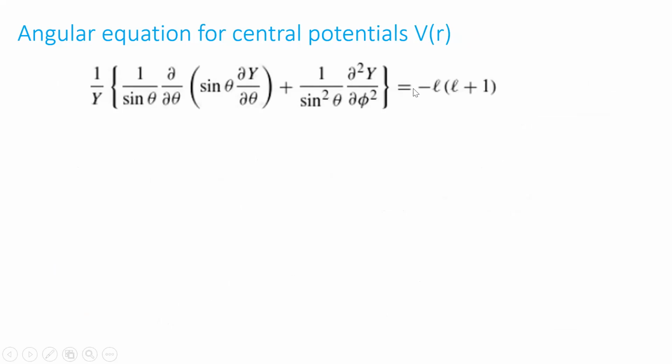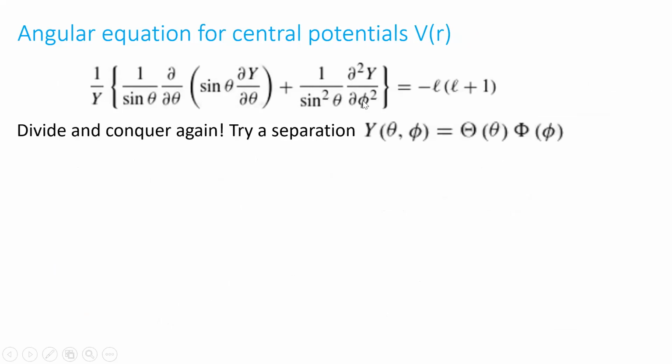So we again try to separate the two variables theta and phi. Divide and conquer again. We try Y of theta and phi equal to capital Theta of theta times capital Phi of phi, a function of theta alone and a function of phi alone.